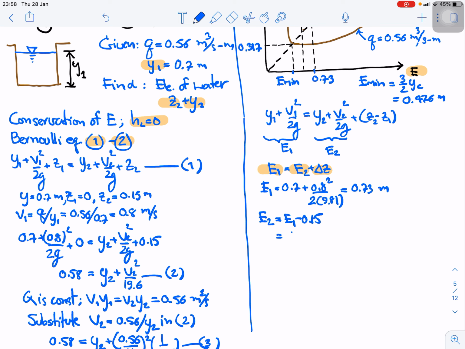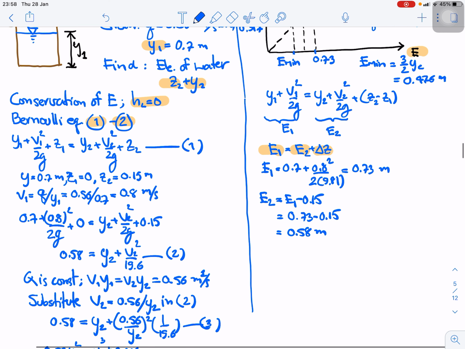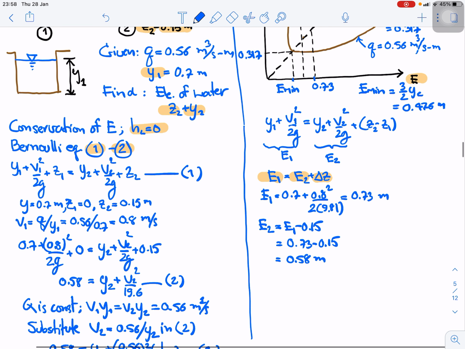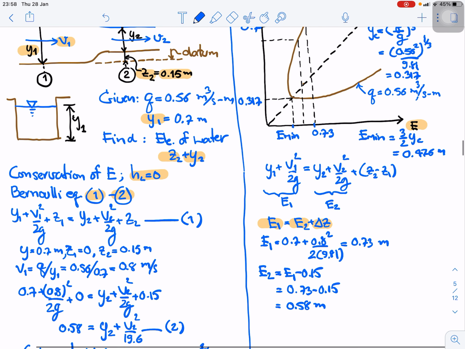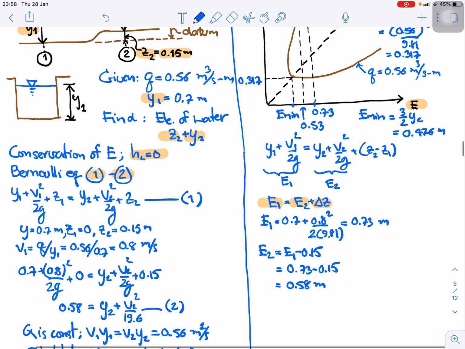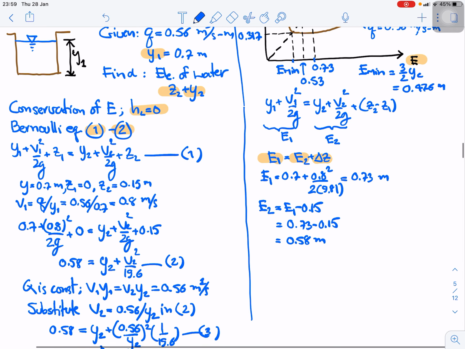So we got about 0.58 meter. So that is the location, the E for the second point.